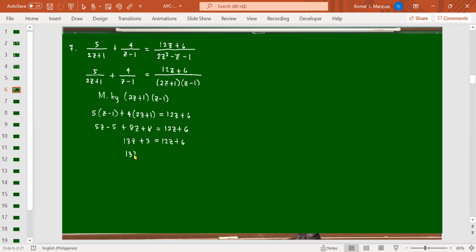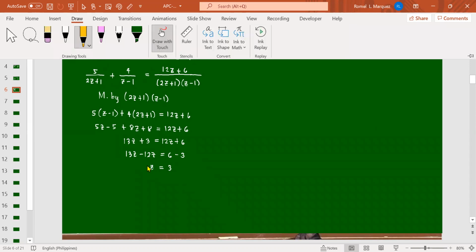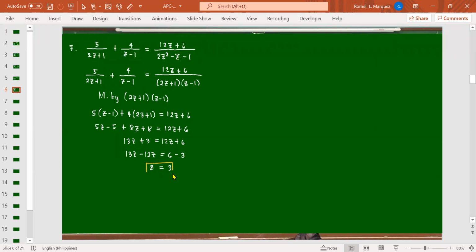So 13z minus 12z. On the right side, we have 6 minus 3. So getting z is equal to 3. What are the restrictions? We do not want z equals 1 or z equals negative 1/2. So we did not get that. So we accept this value. Okay.